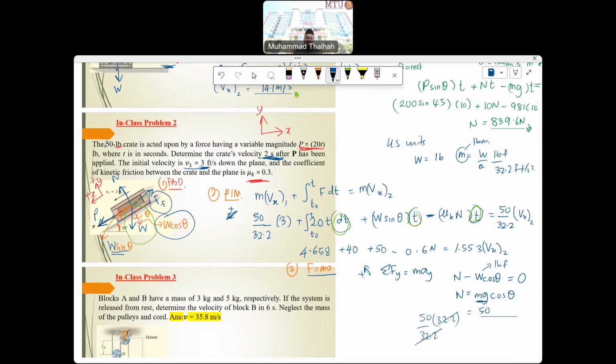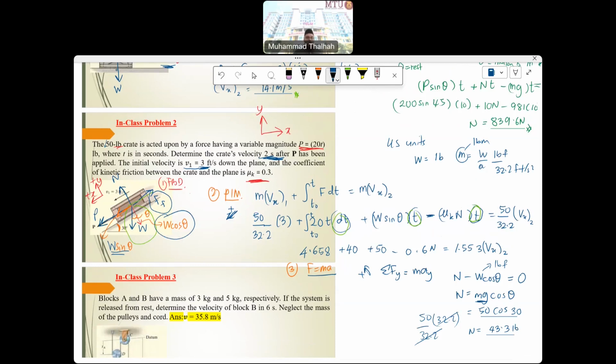So it's going to be 50 cosine 30. So N will turn out to be 43.3 pounds. Gravity in US units, yeah, acceleration is 32.2 feet per second squared.